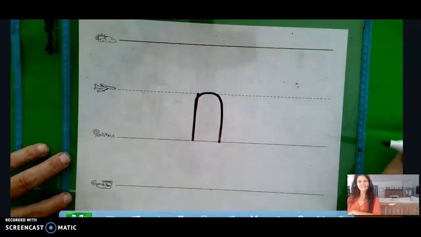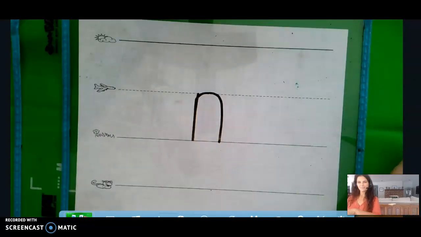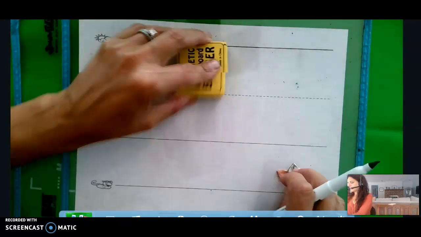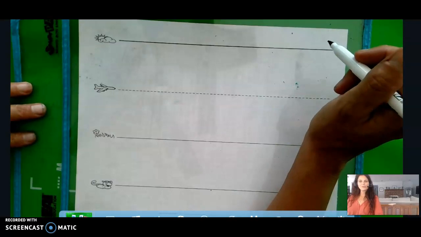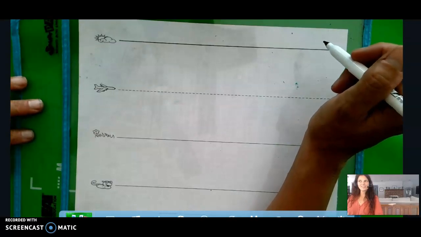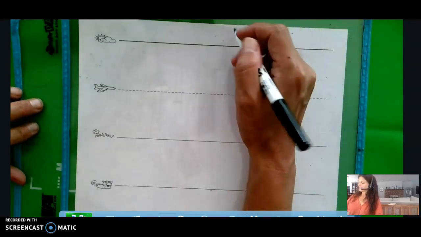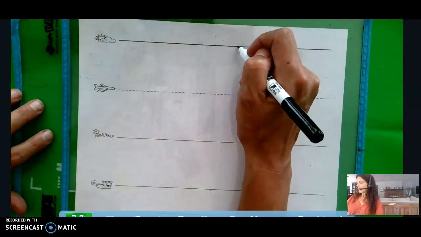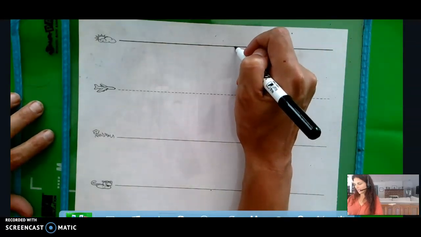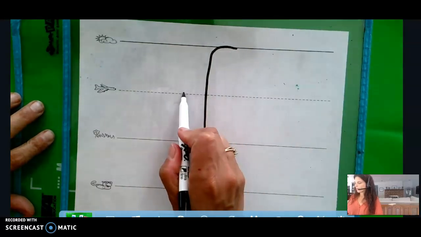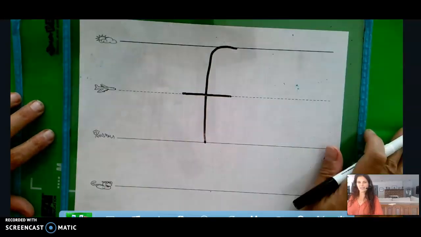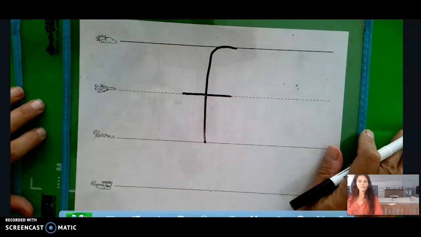N, nut, N. Okay, last but not least. F, fun. So F is a skyline letter. You start on the skyline, fly back, go down to the grass line, pick your marker up and cross at the plane line. F, fun.